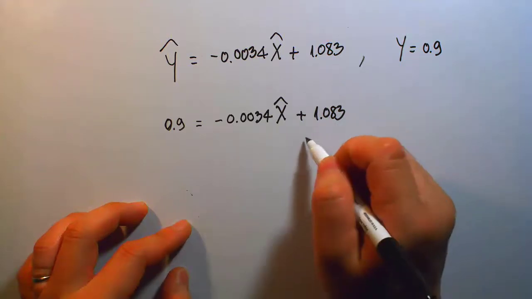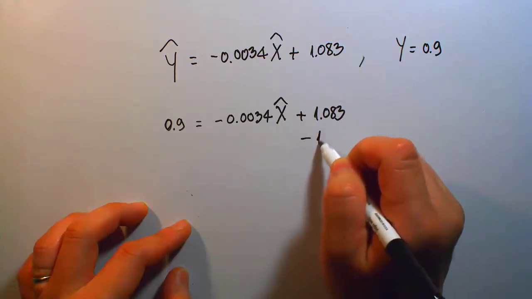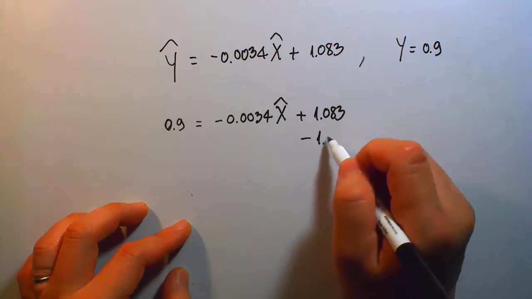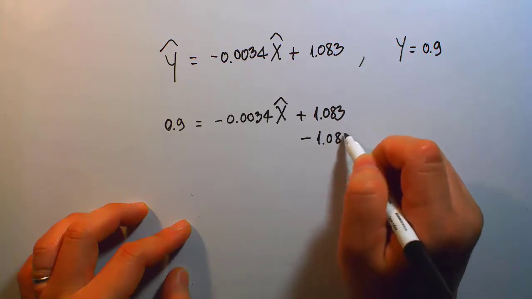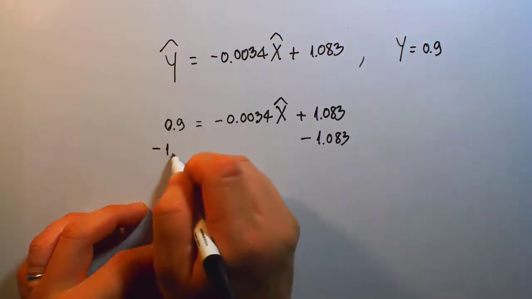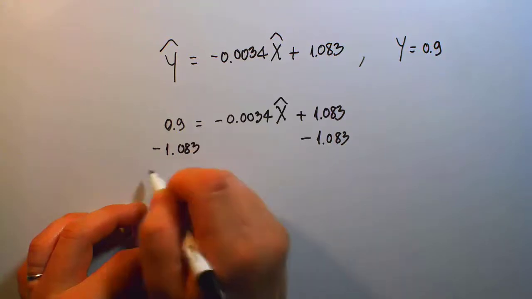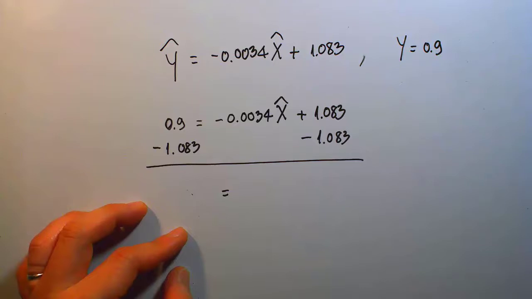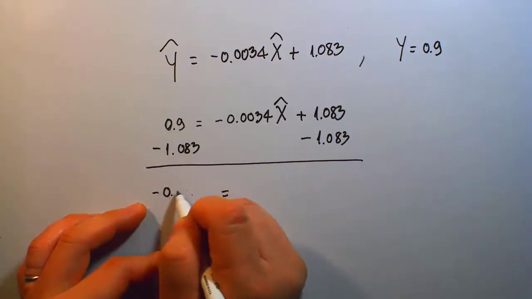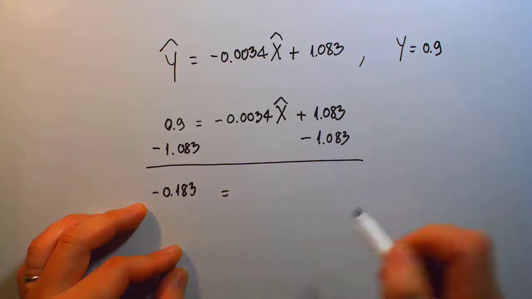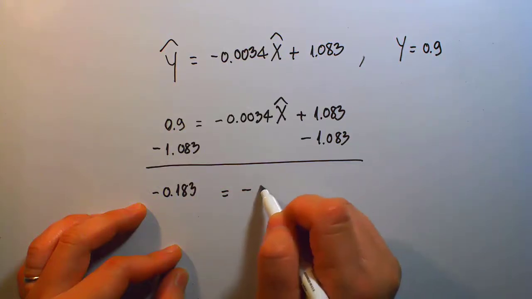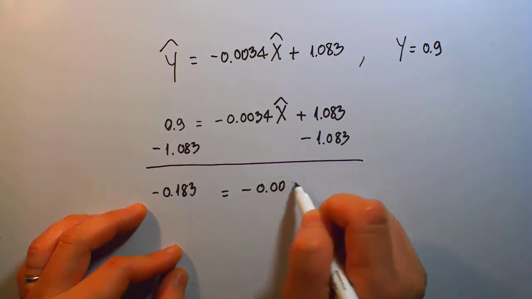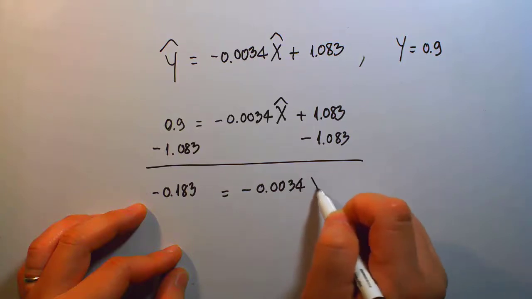The standard step for solving a linear equation: subtract 1.083 from both sides of the equation. The left hand side comes out to negative 0.183, and the right hand side has negative 0.0034 x hat that remains.